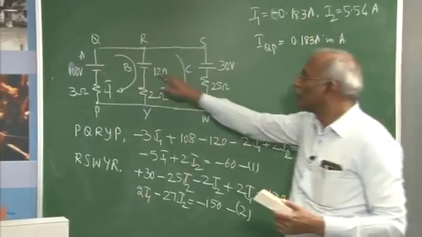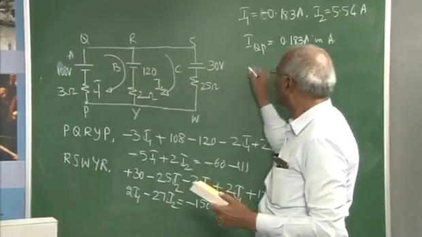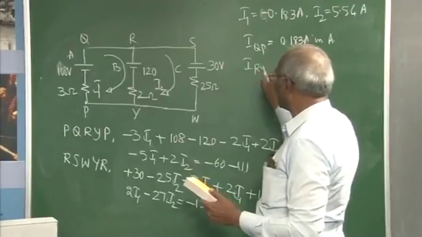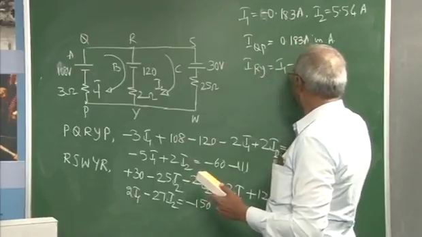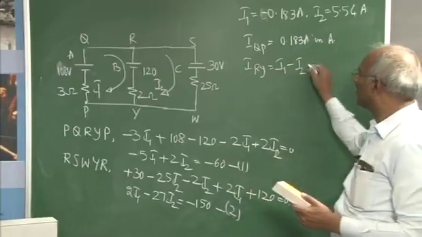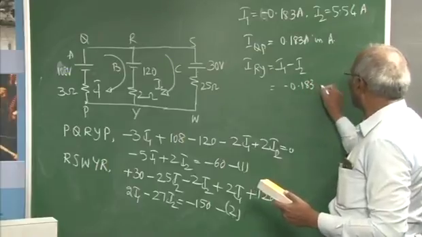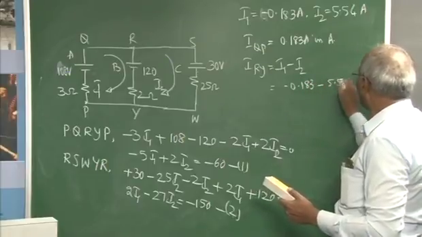When it comes to the current in this battery, if I take I1 as reference, the current through RY can be taken as equal to I1 minus I2. So this will be equal to minus 0.183 minus 5.54.